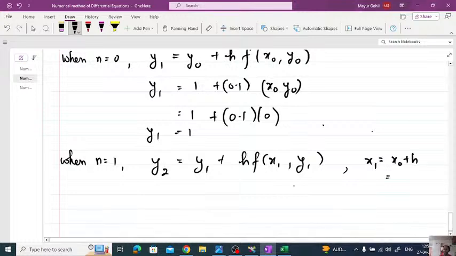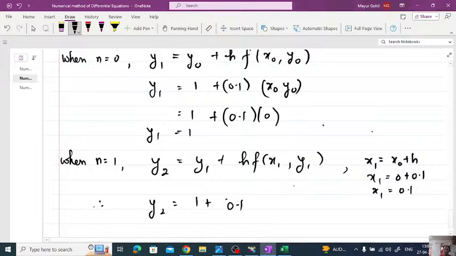So x1 will become, x0 was 0, h is 0.1, so x1 will become 0.1. Therefore y2 equal to 1 plus 0.1 into 0.1 into 1.